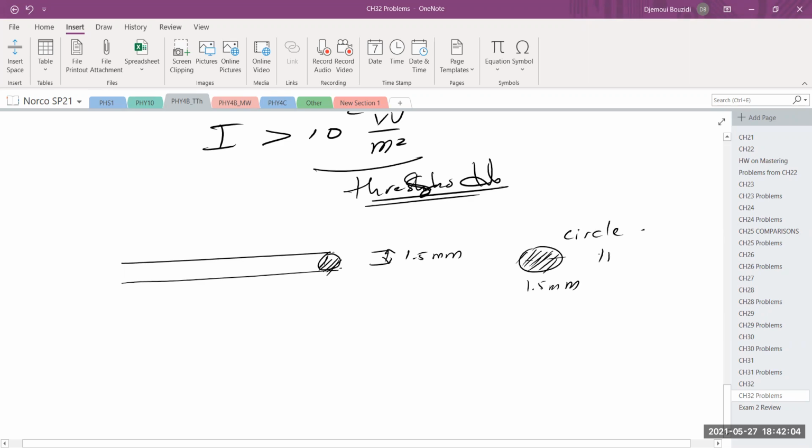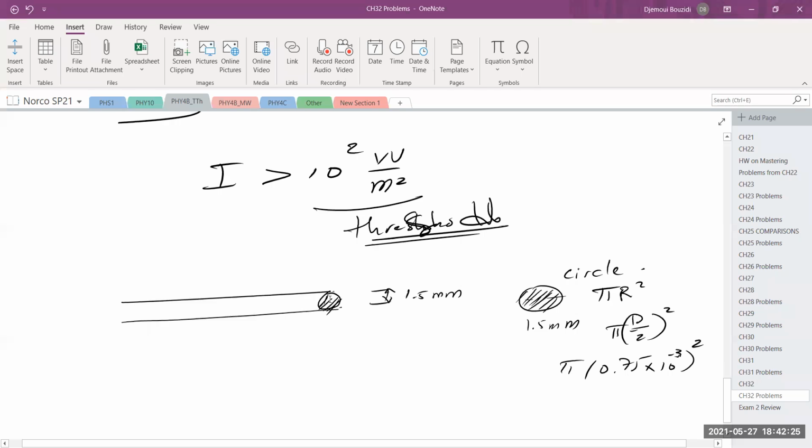And the area of a circle is pi r squared. And r in this case is just the diameter over 2. So the radius of this area is just 0.75 millimeter, which is 0.75 times 10 to the negative 3 meters. So you have this much intensity on this much area.